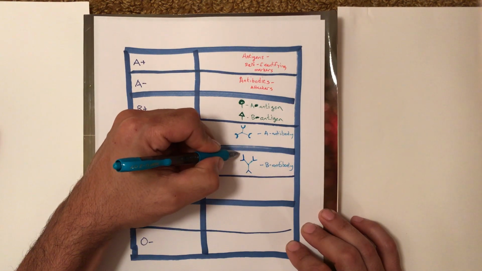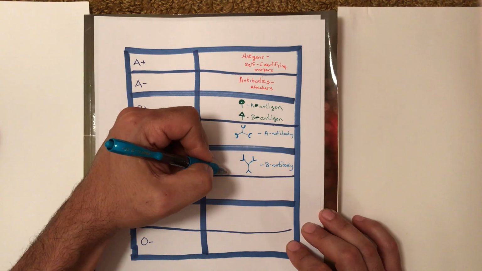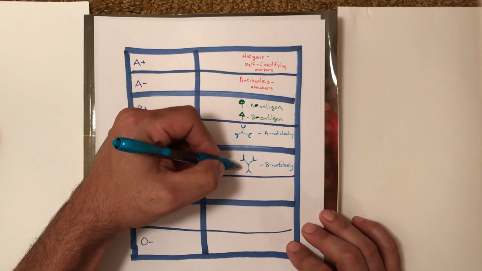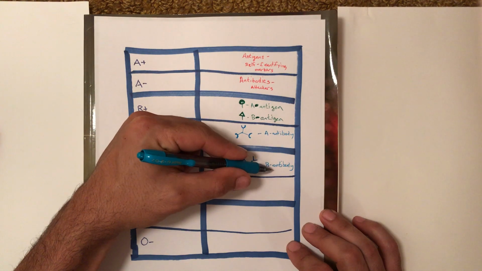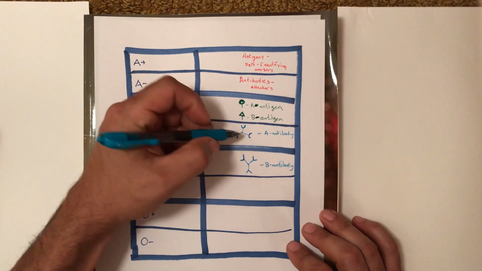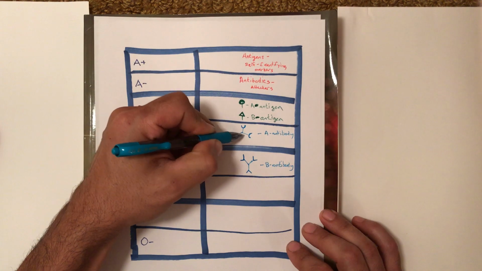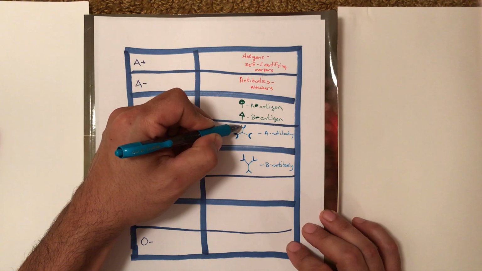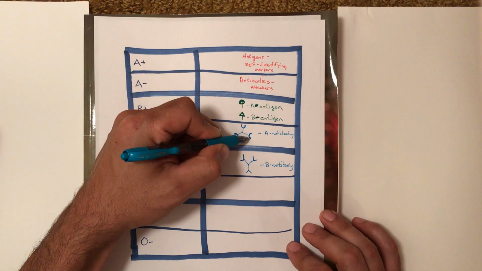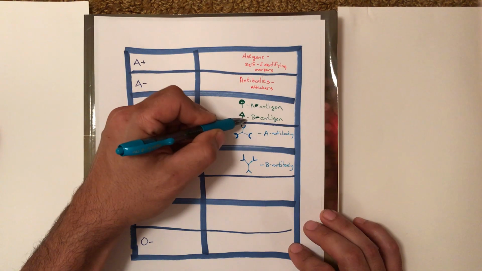See, the triangle could just fit right in there, so this will be essentially looking for triangle shapes, which would be the B antigens. And since this is a circular shape, this antibody will be floating around and be able to bind to anything foreign, which should be the A antigens.